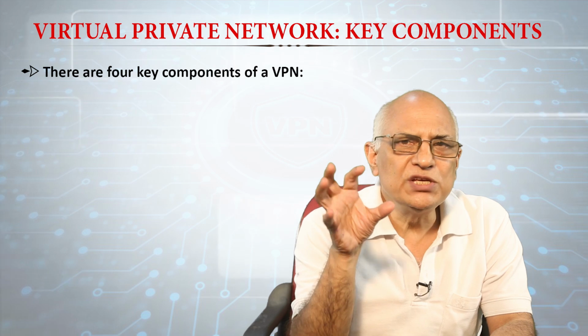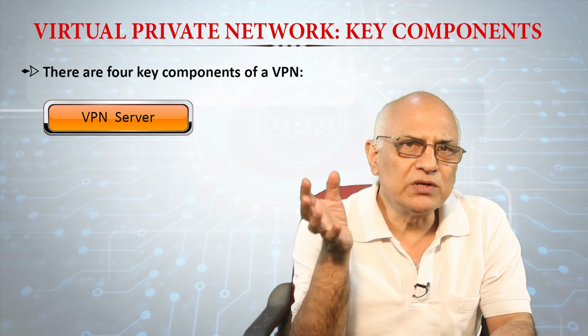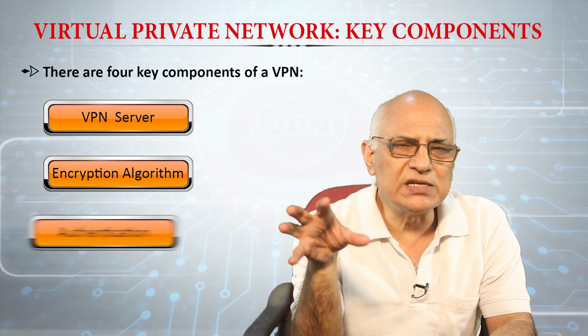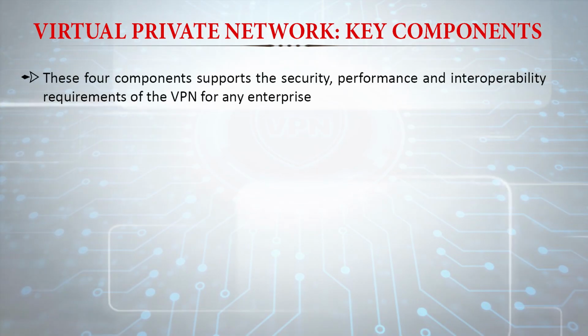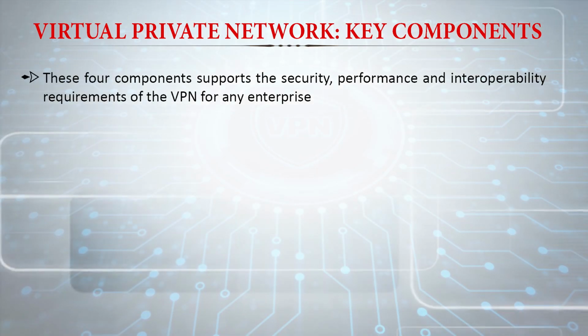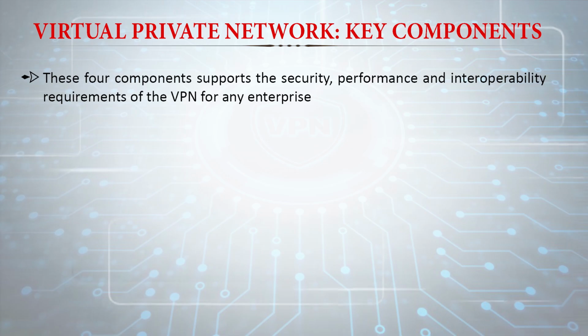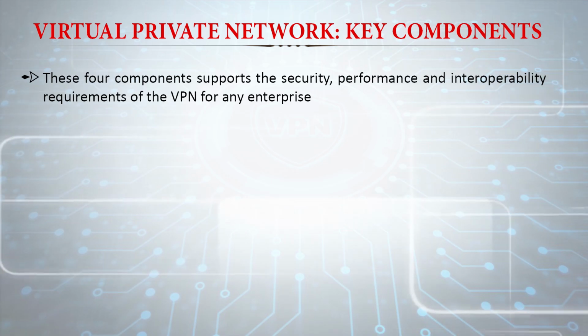There are 4 key components of a VPN: VPN server, encryption algorithms, authentication, and VPN protocols. VPN protocols we have discussed earlier, but here also we will focus on one such protocol to have completeness of the subject. These 4 components support the security, performance and interoperability requirements of the VPN for any enterprise.